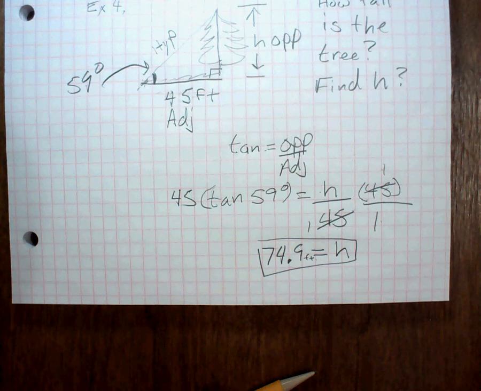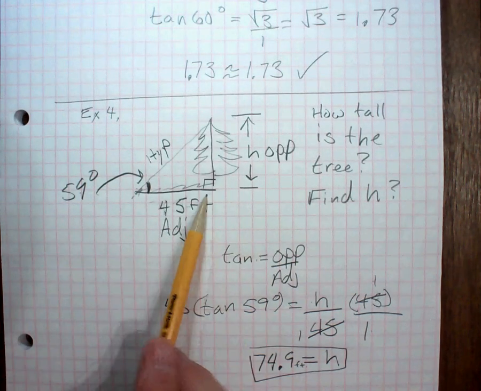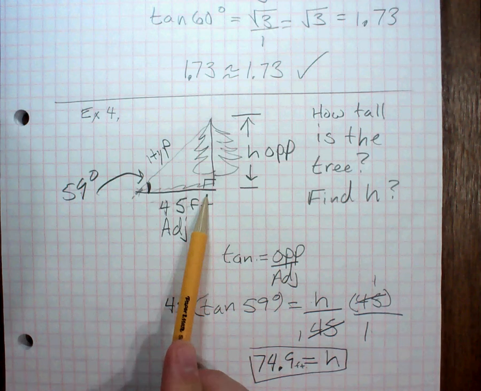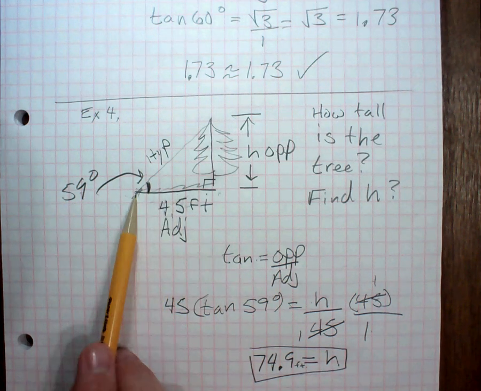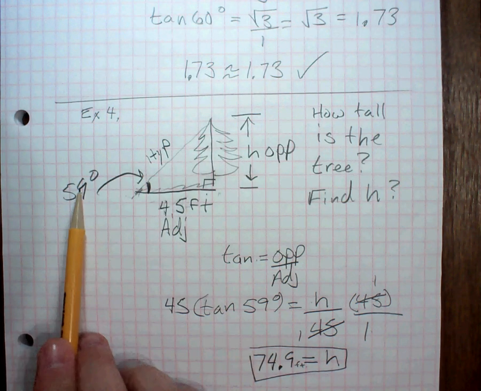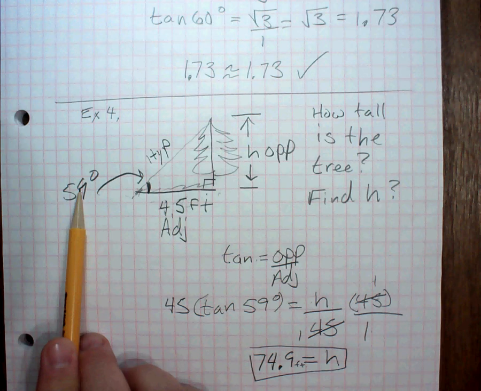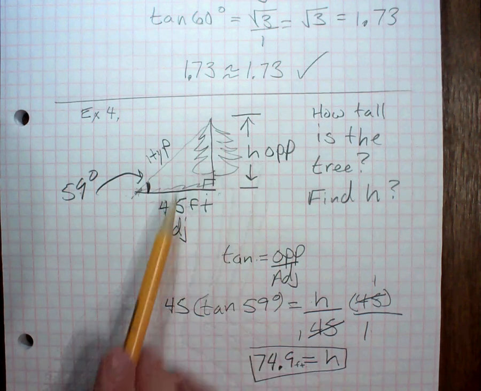Let's recap that real quick. We have a tree. We don't know how tall it is. We know that it casts a shadow of 45 feet. If we go to the tip of the shadow and look up at the tree, that forms a 59-degree angle of elevation. So we notice that this is the opposite and the adjacent.